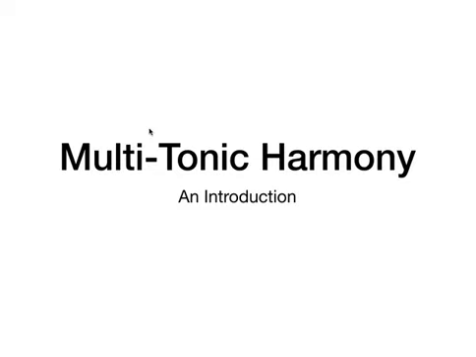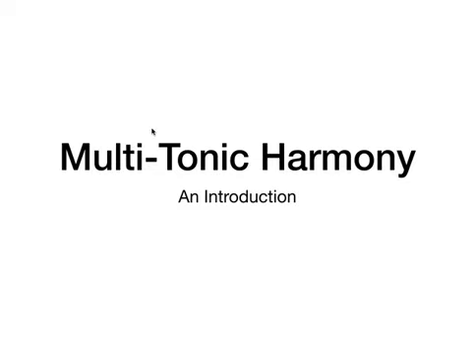In this video I'm just going to give a very basic outline of what this is. I'm going to keep the concept very simple, so this can be a good primer for further videos on this topic.